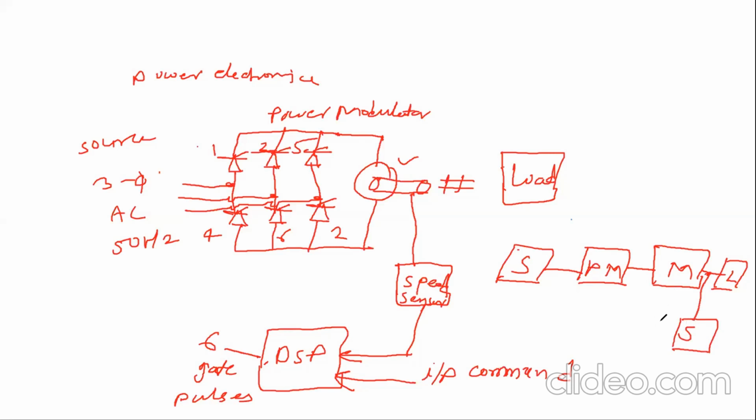Mechanical quantities means the speed, torque or position of the rotor of the motor. The output of this sensing unit is given to a control unit, and this control unit will drive the power modulator. Both these diagrams are equivalent. Any such drive you can represent with this basic block diagram.